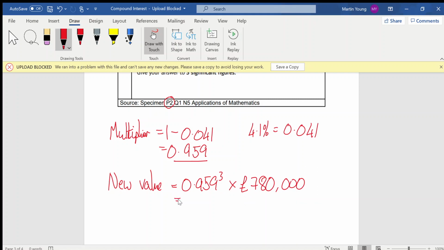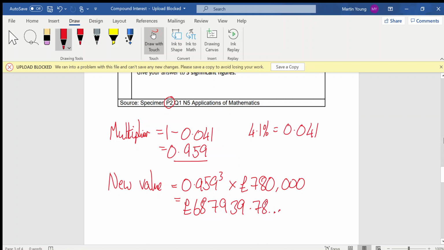So 0.959 to the power of 3 times 780, 1, 2, 3 zeros, I'm getting for that one 687939.78 and so on. Okay, you can just carry on.